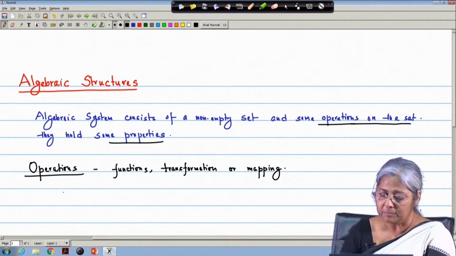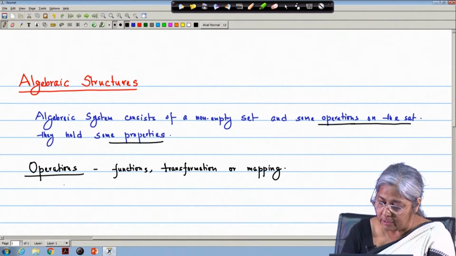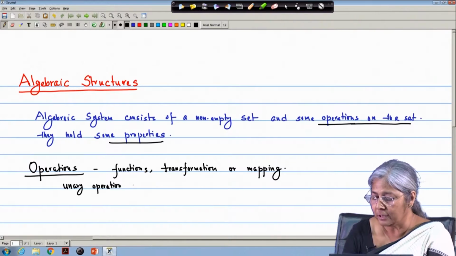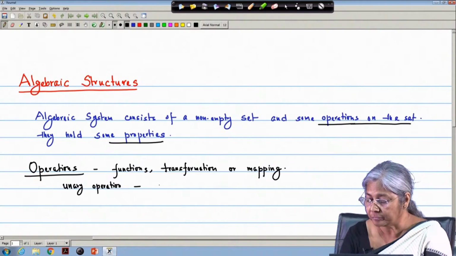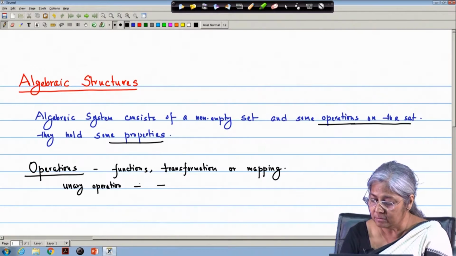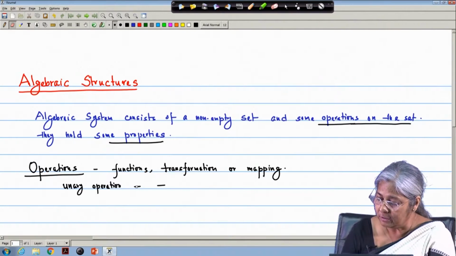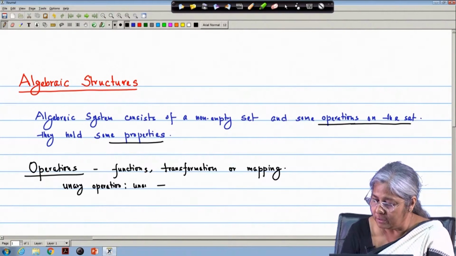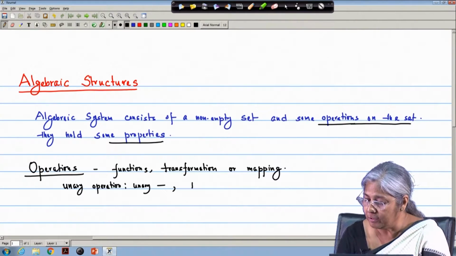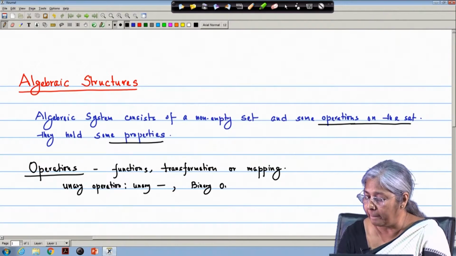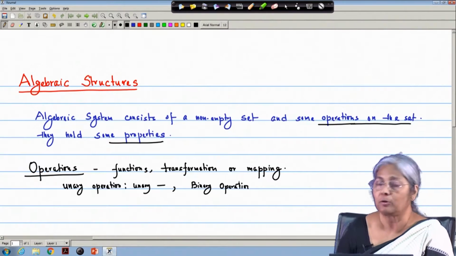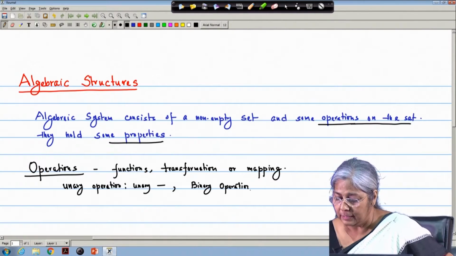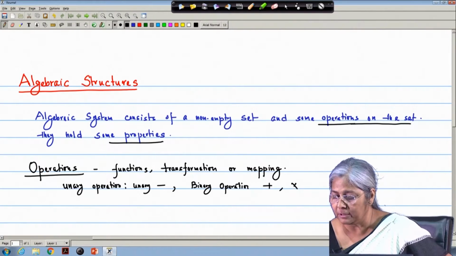These operations can be a unary operation, like unary minus, then binary operations, where the operation operates on two operands, like plus or simple multiplication, division, all this.